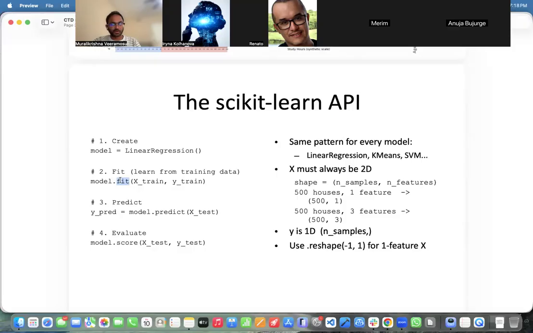And then you are calling fit, then the model is trained on the labeled data. And once the model is trained, we'll ask the model to predict the Y for X underscore test data. Let's say we have the complete X data, we'll split it into train set and test set, and we use the train set to train the model, and the test set to predict the output or to test the model, right?